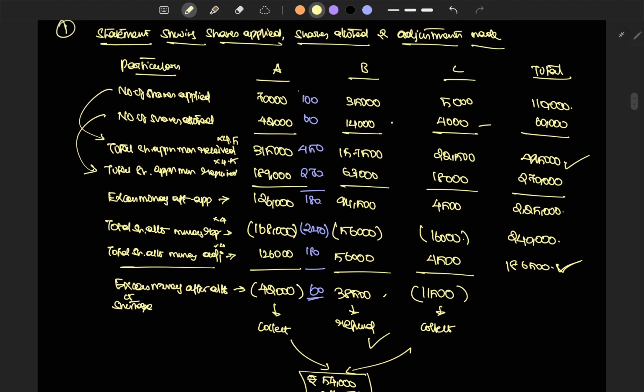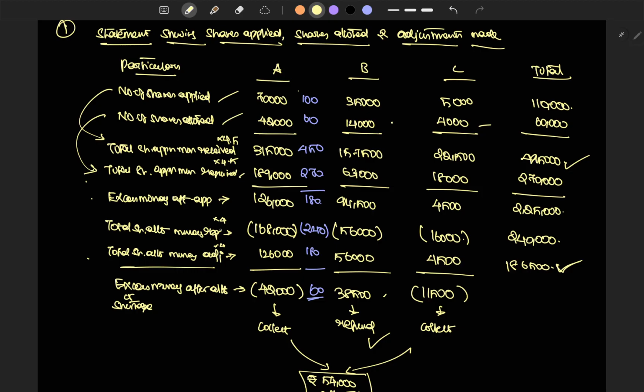And we prepared the entire table, which covers applied and allotted shares, receivable and requirement, excess money, requirement money, and how much we have adjusted. This is just a simple table. We can easily understand how many people have applied and how many were allotted.